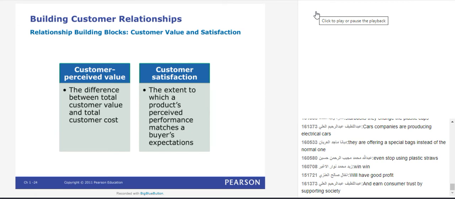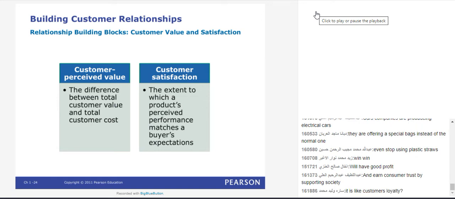So smart companies now aim to delight customers by promising only what they can deliver, then delivering more than they promise. Of course, delighted customers not only make repeat purchases, they become willing marketing partners, and they speak of the company's products.